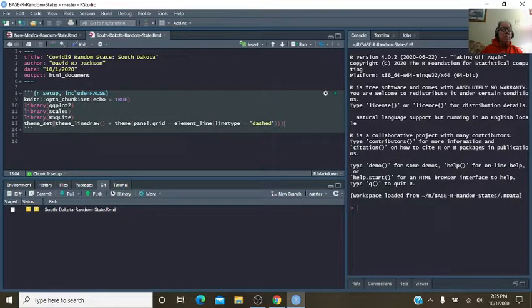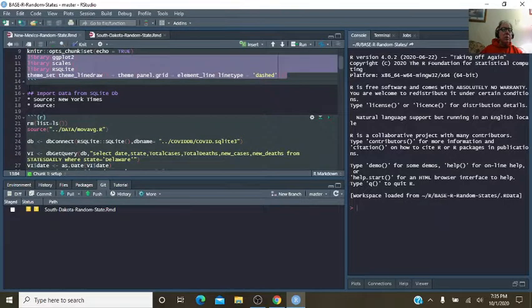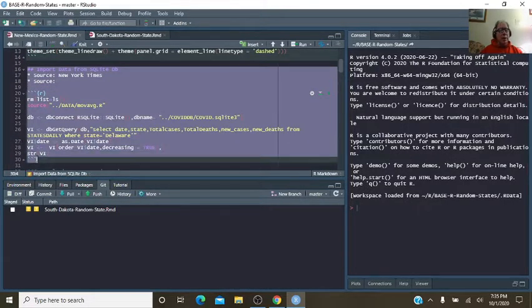Okay, random state. Next we come down here. We'd like to import some data here.